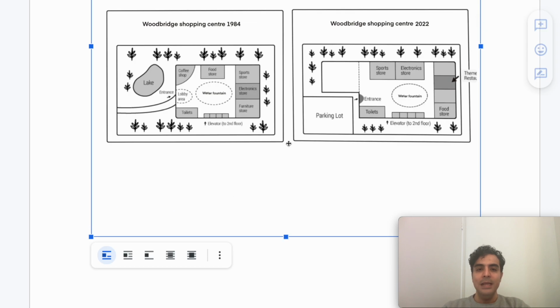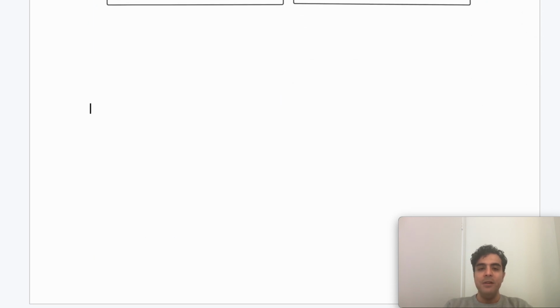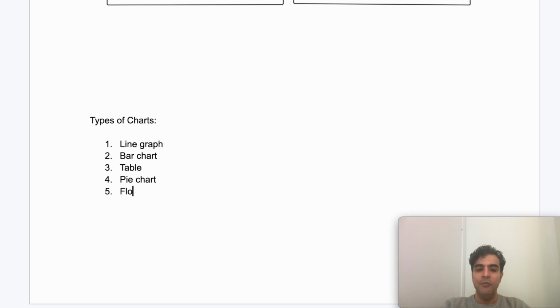Okay, now let's try to review everything we have learned so far about these kinds of charts. So what are the different types of charts in IELTS Writing Task 1? Well, that's easy. We had a line graph, the bar chart, the table, the pie chart, the flow chart, and finally, the map.